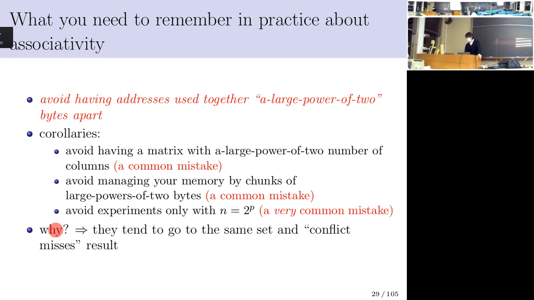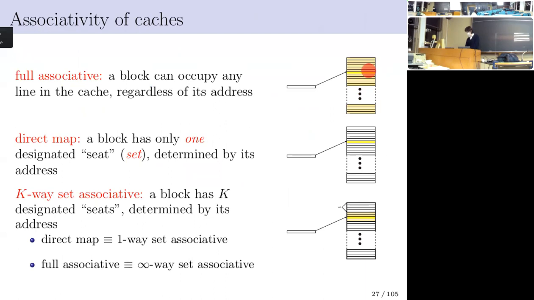So why is it the case? Data whose addresses are a large power of 2 bytes apart tend to go to the same set, and conflict misses tend to result. What is the set? The set is this one, right? If many data are mapped to the same set, other sets are simply wasted.